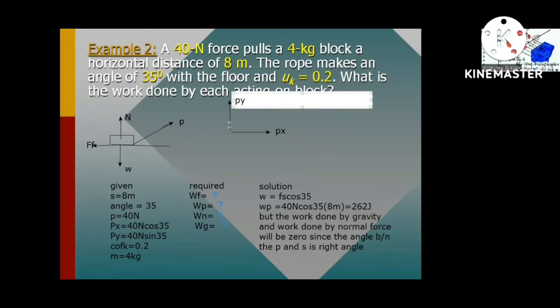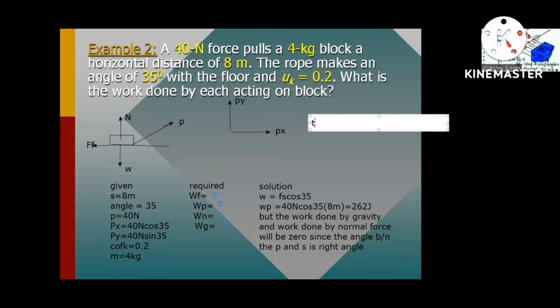Therefore, the vertical component of P does no work.